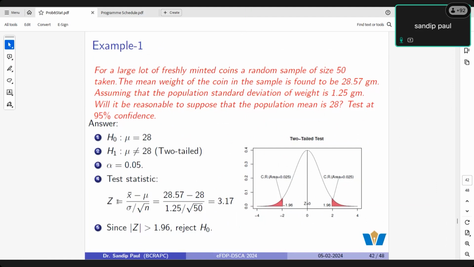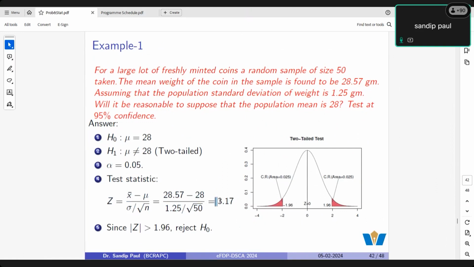The test statistic value, as we have already defined, is 3.17. But if we check with the tabulated value, or the value obtained by the density function given earlier for the standard normal variant, it will be 1.96 when the critical area is 0.025.